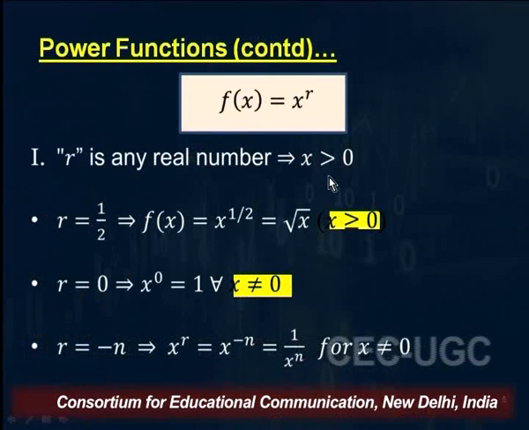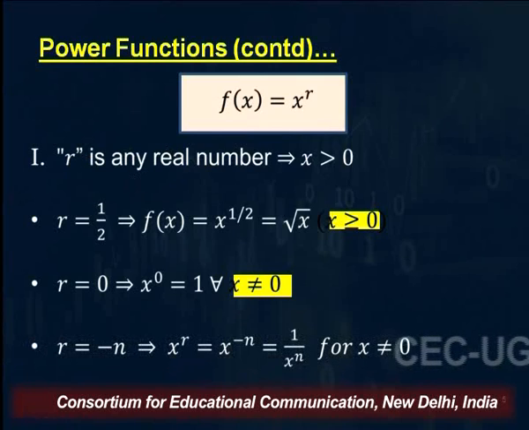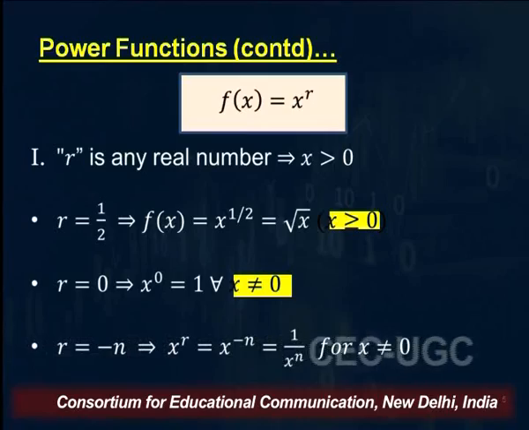But then we'll have to change our assumption. Because the assumption is r is any real number, that assumption will have to be changed so as to allow for a larger set in the domain.